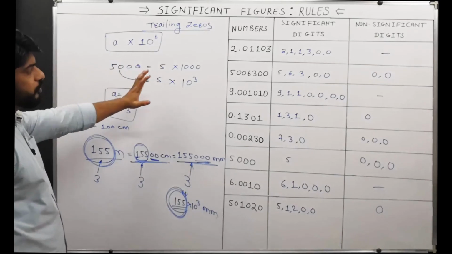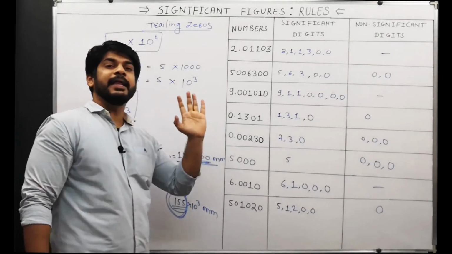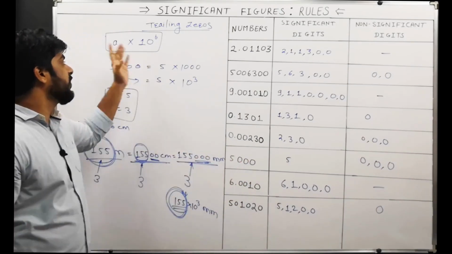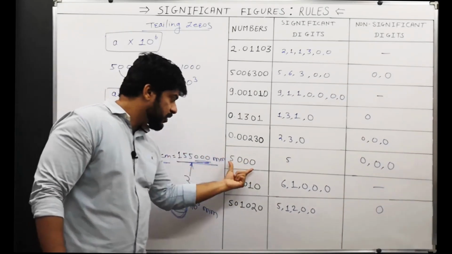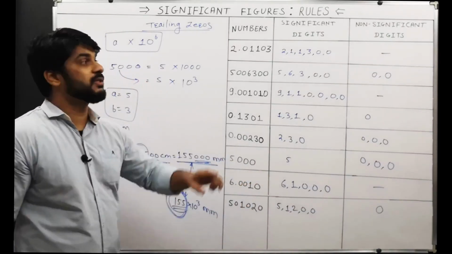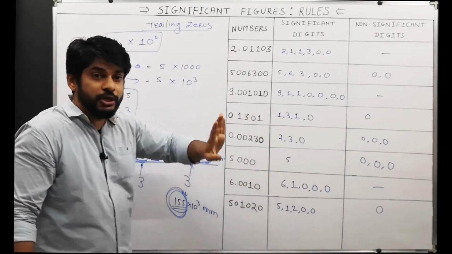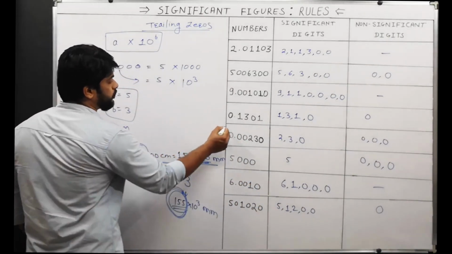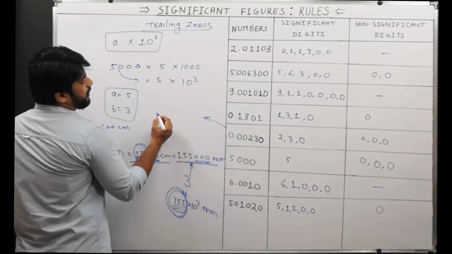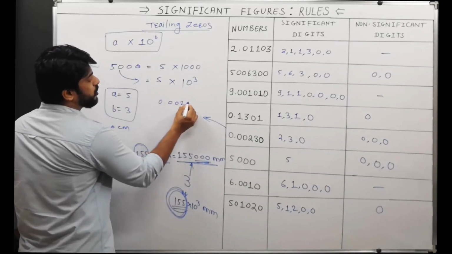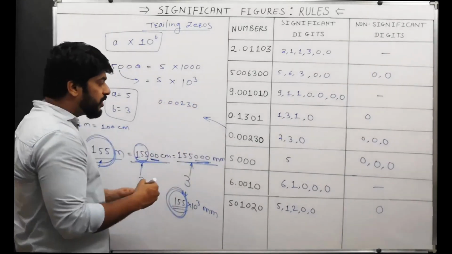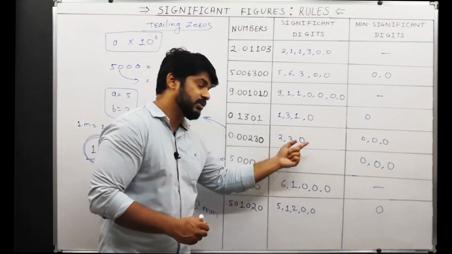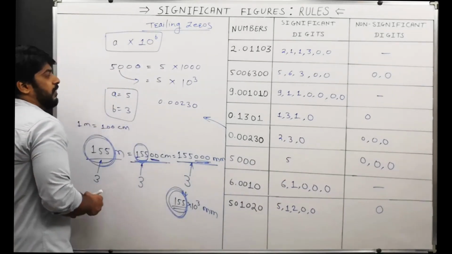Generally we represent any number in the scientific form. It is not only applicable to such numbers, it is applicable to numbers with a decimal point also. For example, look at this number, 0.00230. Here there are three significant figures, as we have just seen.